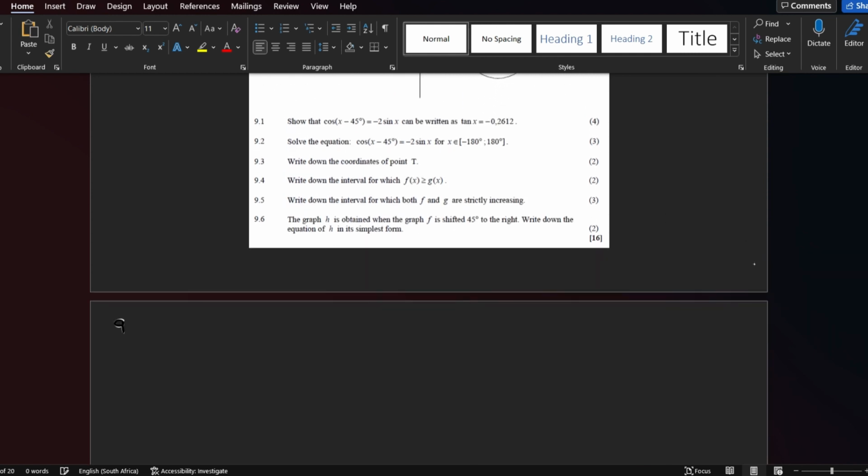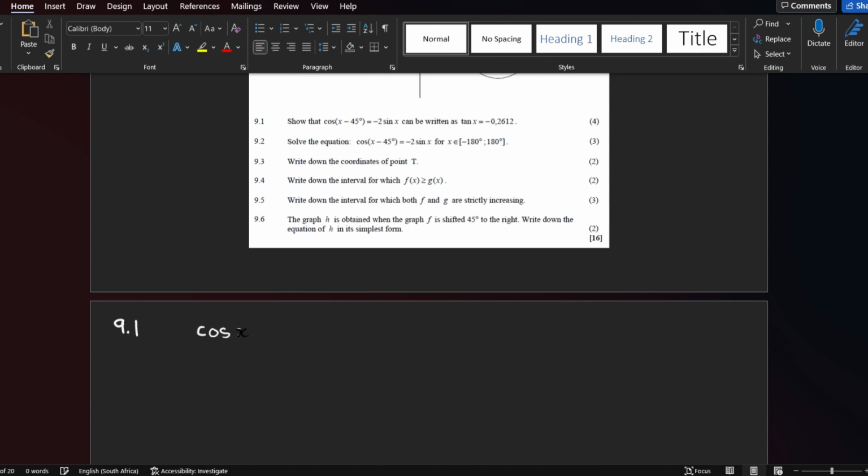So question 9.1. We need to solve for this expression and make it in terms of this expression. The first thing we can do is expand our cos ratio as a compound angle.